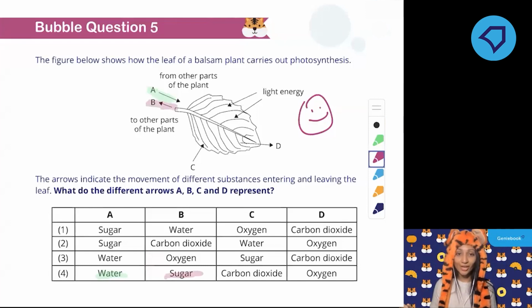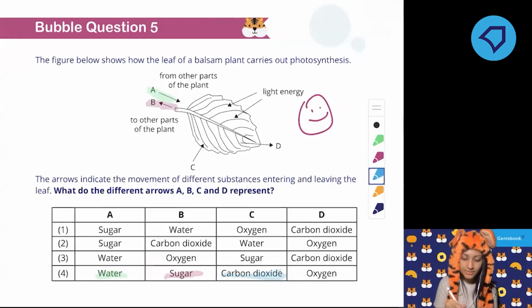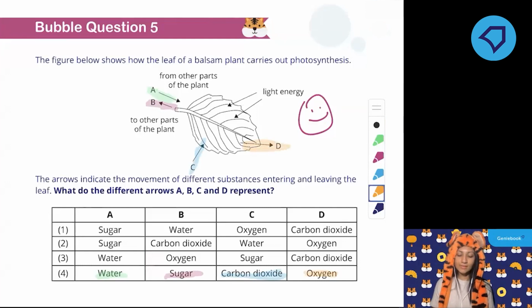Then gaseous exchange during photosynthesis: mainly carbon dioxide will come in. And finally, oxygen will be released. I think the easiest giveaway is actually this part here. This is the easiest part.